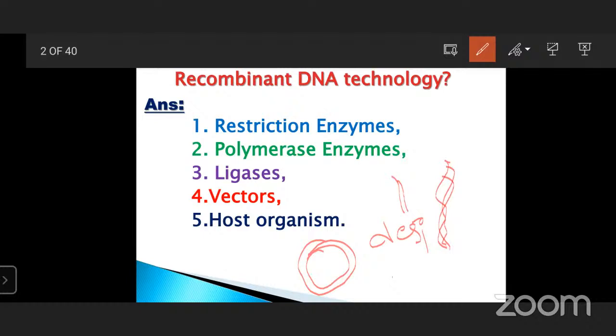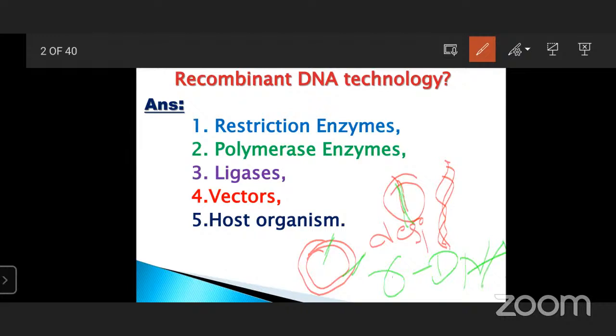Plasmid is a double-stranded, self-replicating DNA molecule which is present in the bacterial cell. This desirable DNA molecule is inserted into the plasmid, and this is called rDNA or recombinant DNA.